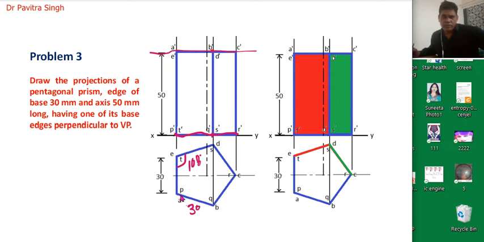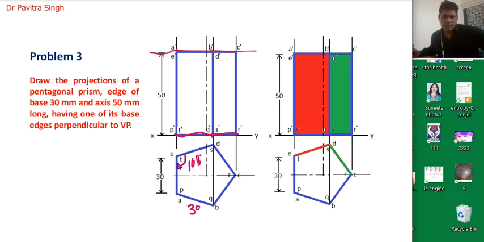So now we will project vertical line from point A. Okay, so we will measure this line 50 mm. So this will be E dash. Again, vertical projection from point B. So this will be actually point B dash. From C, this will be C dash. From D, this will be D dash.